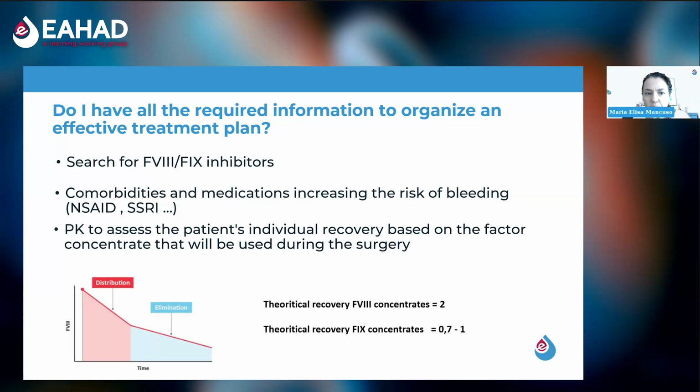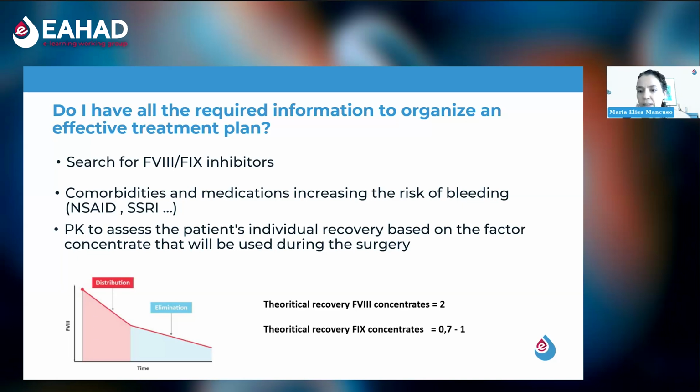something that is really important is also to look at other situations that may impinge upon the hemostatic impact of the drug. For sure, inhibitors. So we are talking about patients without inhibitors, but we should always take into account that in the lifetime of a patient with hemophilia, inhibitors can come.